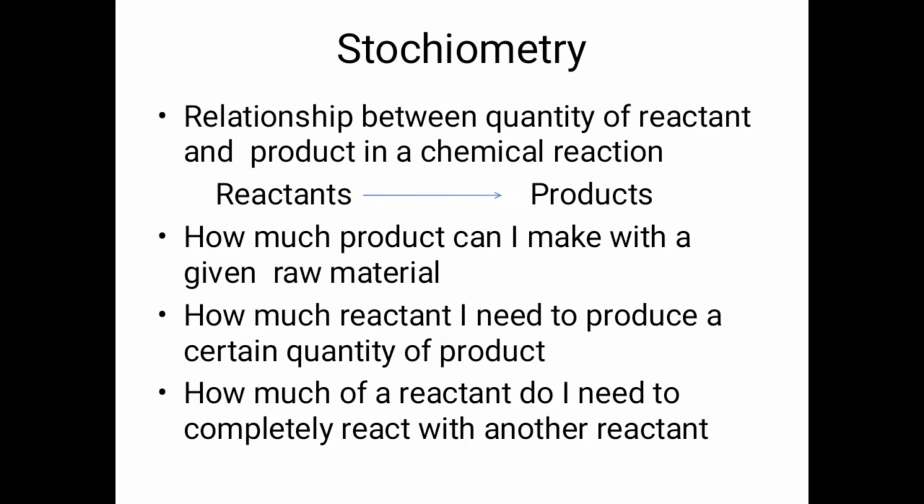A process is one in which a reactant is converted into product, for which we have to write the stoichiometric equation. The stoichiometric equation will give how much product I can make with a given raw material, how much reactant I need to produce a certain quantity of product, and how much of reactant I need to completely react with another reactant.